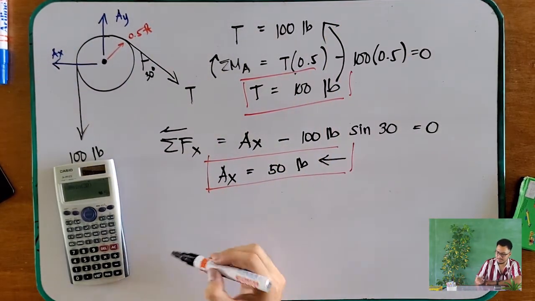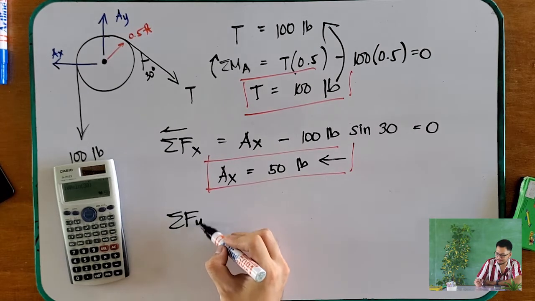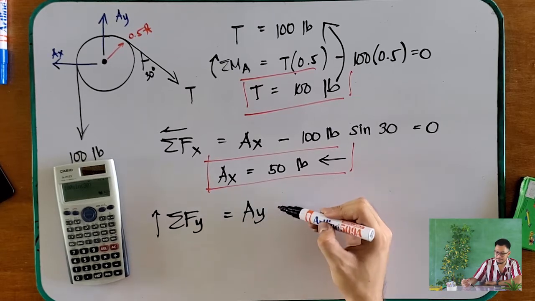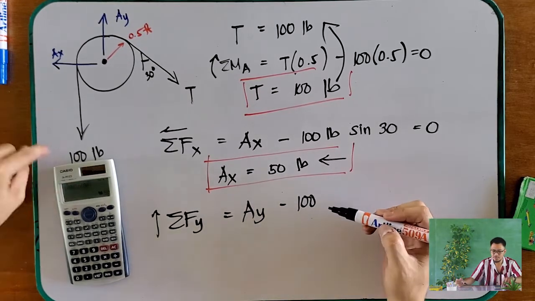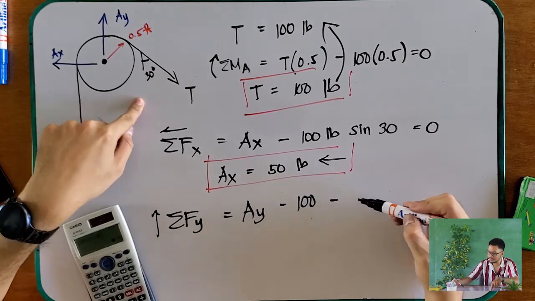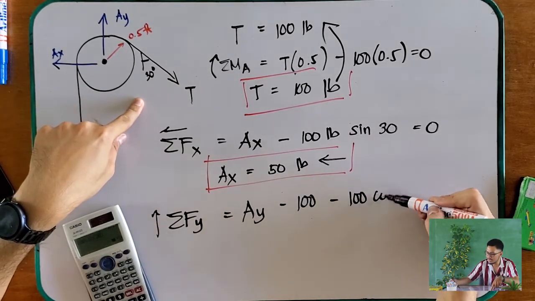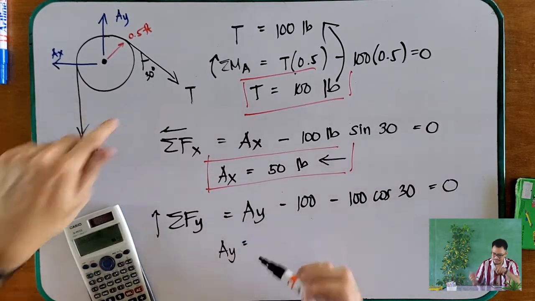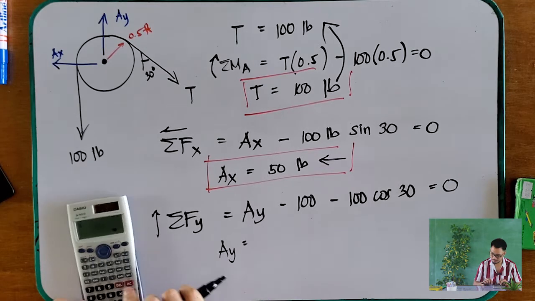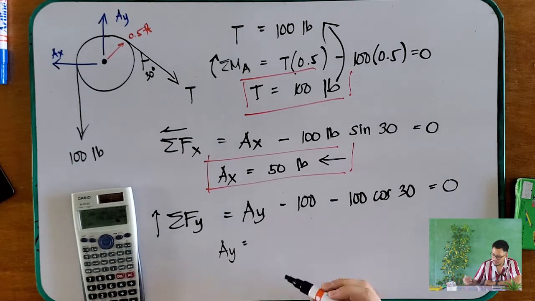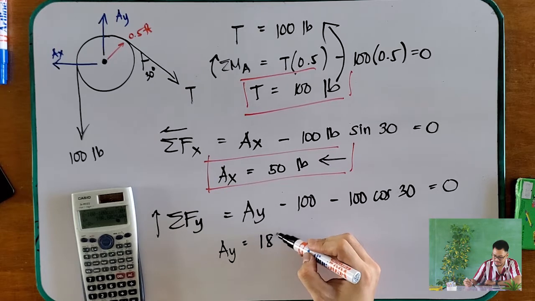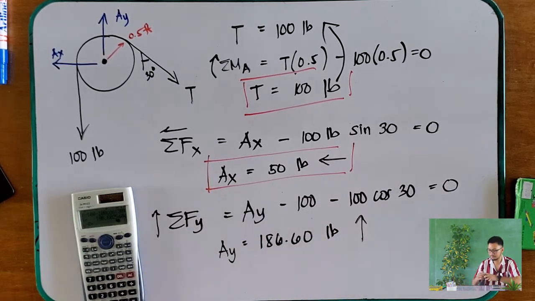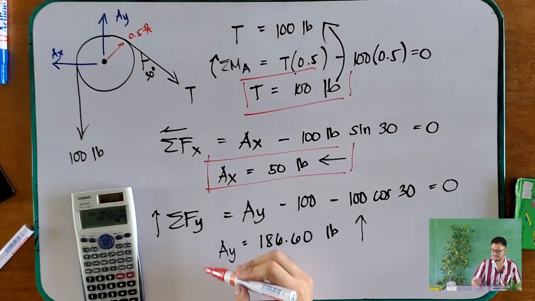And for your summation of forces along the y, going up, you have your Ay minus 100 pounds cosine of 30 degrees equals 0. So your Ay here is 186.60 pounds going up. So this is your final answer for this problem.